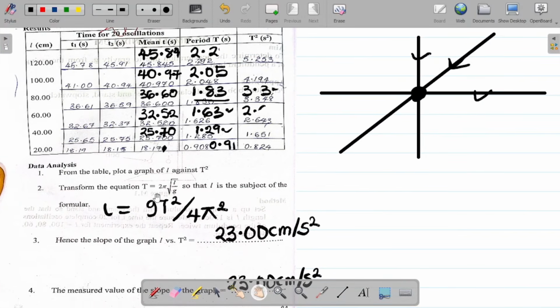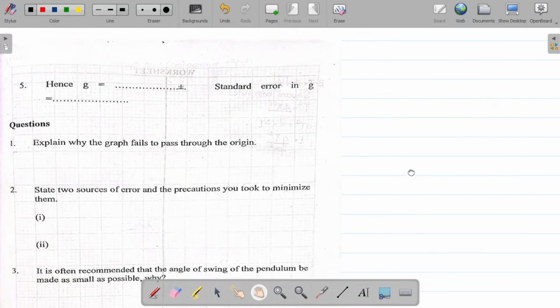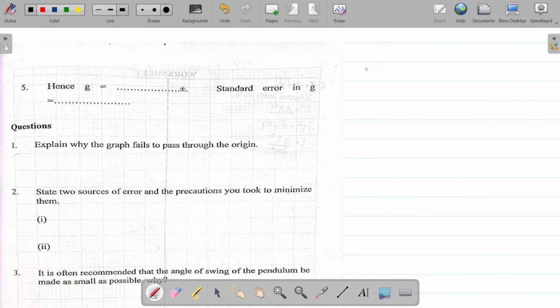This equation where they said T is equal to 2 pi root L over G. The equation is T is equal to 2 pi root L over G.